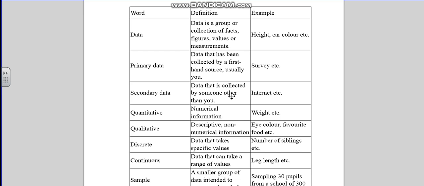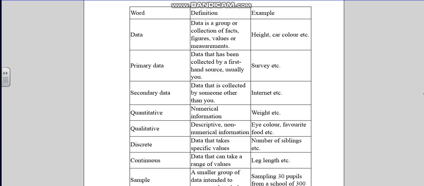Okay, normally not necessarily somebody you know, and often collected for a different reason, but you're going to use it. So you might find that on the internet, or you might find that in newspapers or in books. Okay, so that's secondary data. Okay, and we'll look later about which is better out of those 2.